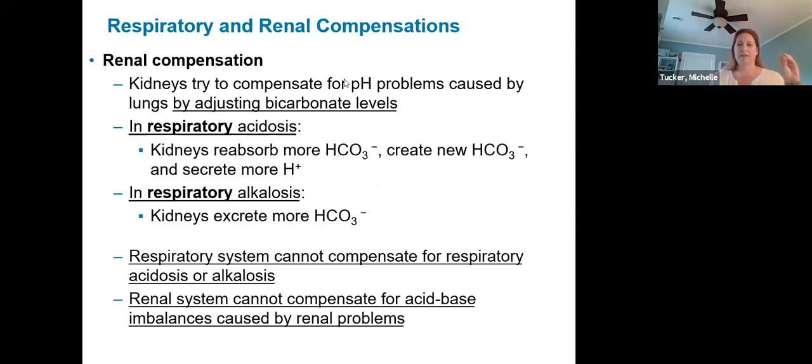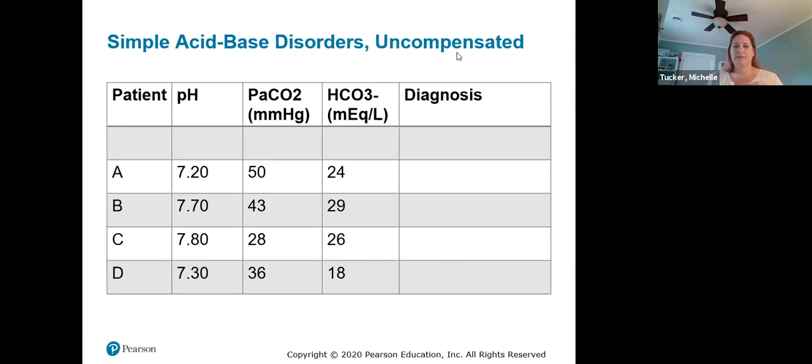So we have simple acid-base disorders that are uncompensated, usually due to something that's acute, and then it comes back under control. In uncompensated, you will have one value that is normal, either CO2 or bicarbonate will be normal, and one will not be normal.